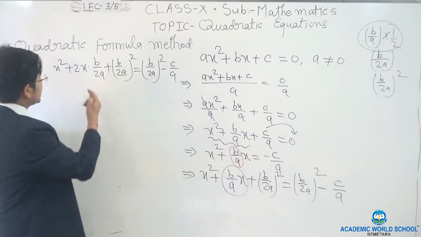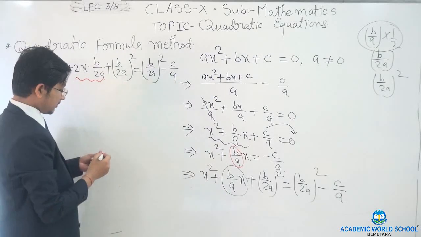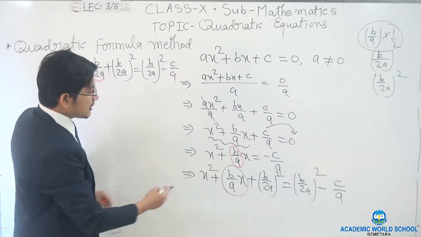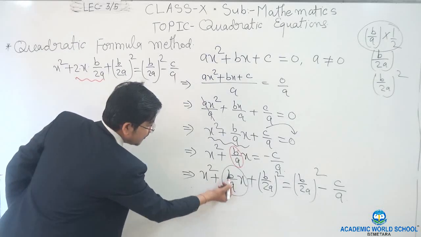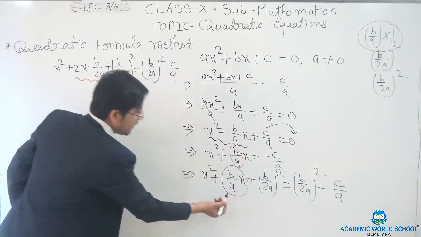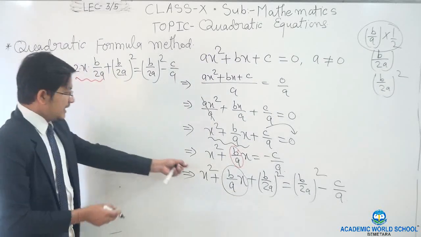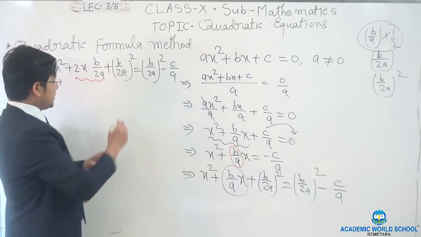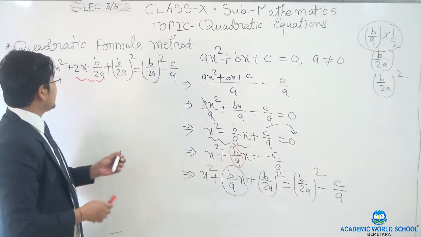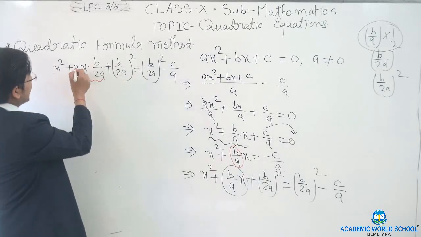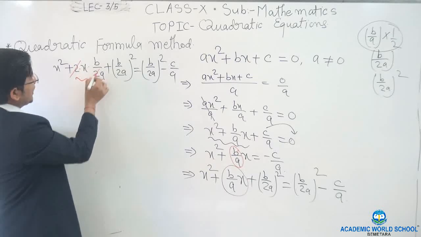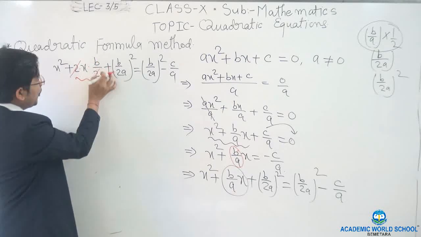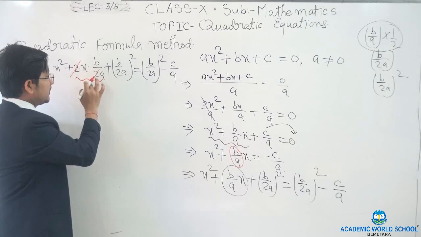Now please listen to this, it is very interesting. This was b upon a into x, and now I am writing it as 2 into x into b upon 2a. I can write it like this because if I cancel the 2 and 2, it is b upon a into x only.